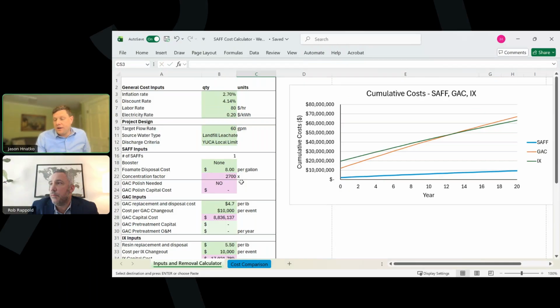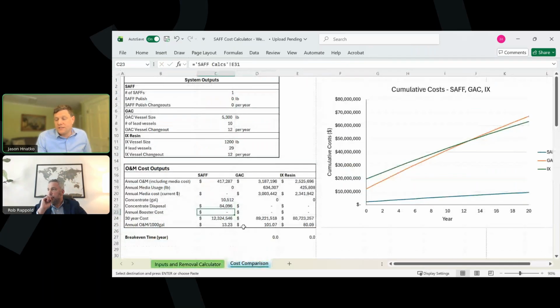So the calculator in its default form just has an assumed sorption capacity for media that varies based on what you select. So groundwater has a higher capacity, landfill leachate has a lower capacity. We do have some options here where you could set organic carbon concentrations or total dissolved solids concentrations to try to calibrate your breakthrough to what you would actually see in practice.